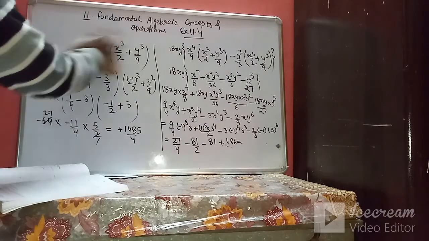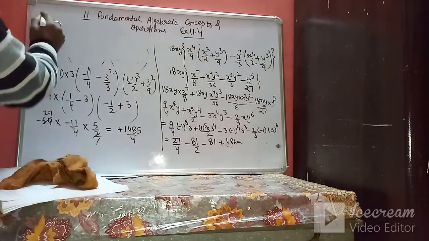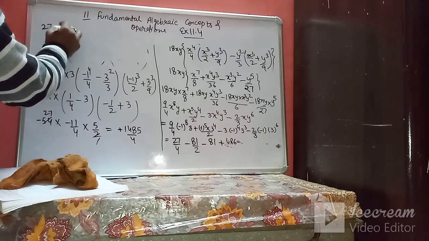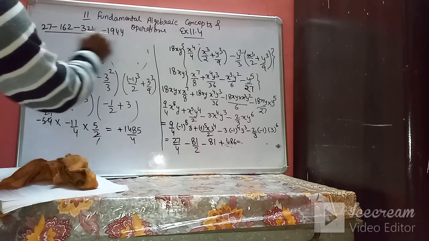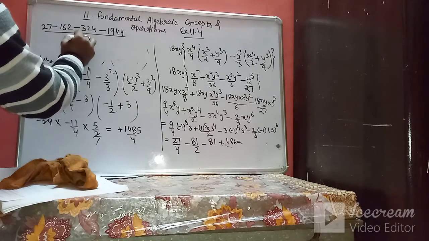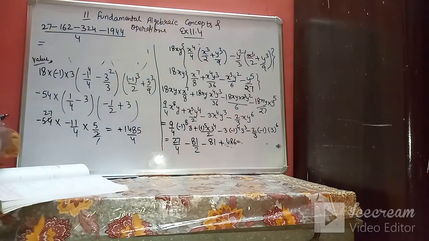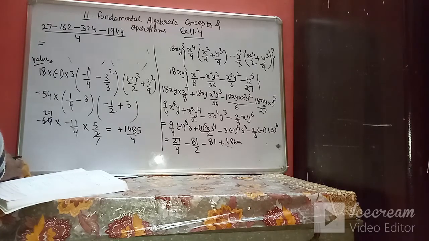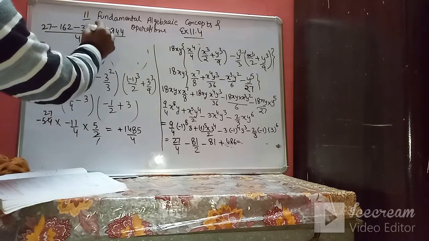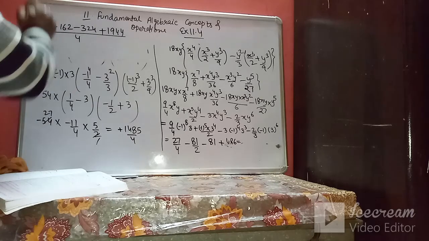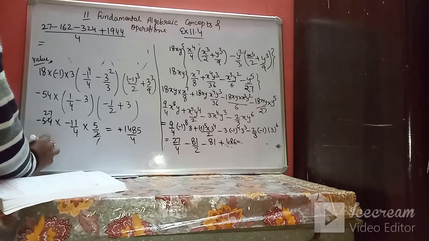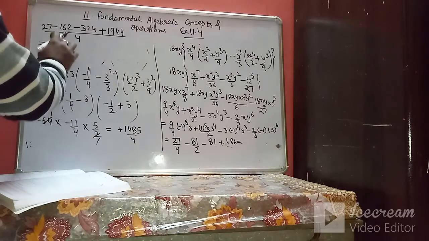Okay, so this I am writing here. So it is 27 minus 162 minus 324 minus 1944 upon 4. Okay, so this will be our value.